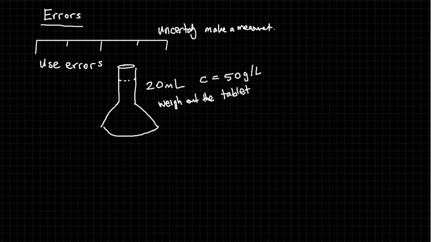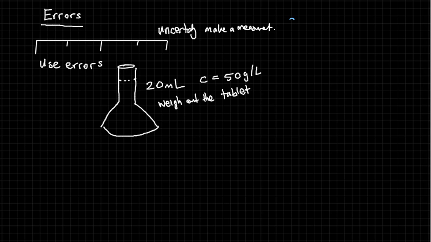Right, so let's think about what skills we have to use in order to work out the actual concentration from a tablet. There's two things we need to know. We need to know how errors add and subtract, and secondly we have to know how errors multiply and divide.